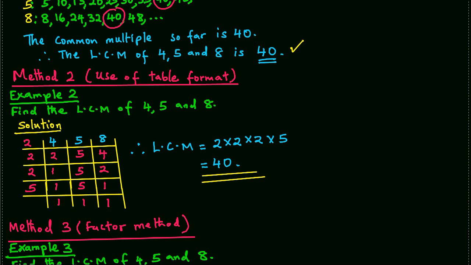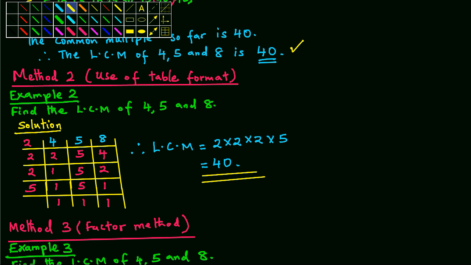So our least factor here is 2, which divides 4 2 times. It divides 5, there will be a remainder, so we retain 5.